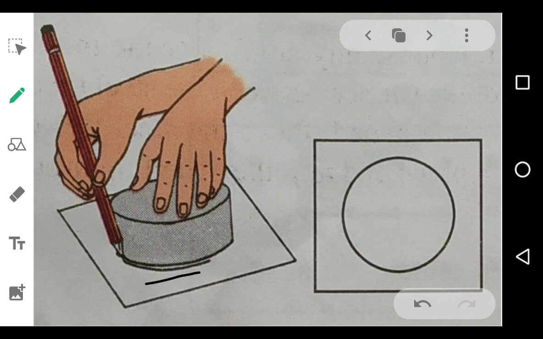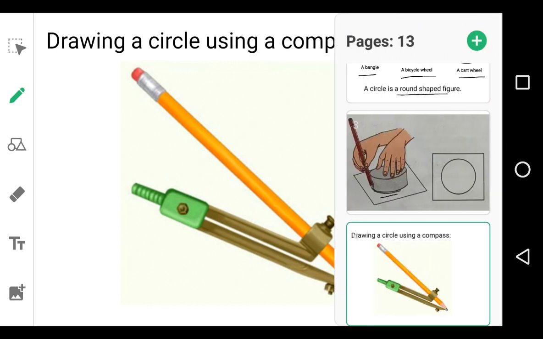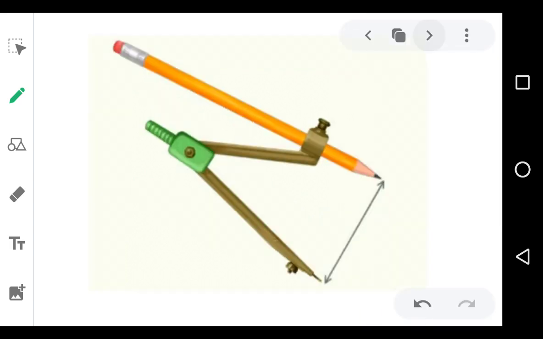What if you want circles of many different sizes? Will you get so many things to trace around? No. You can use a compass. Fix a pencil to the compass so that the pencil point and the compass point are at the same level. Take a distance between the compass point and the pencil point.